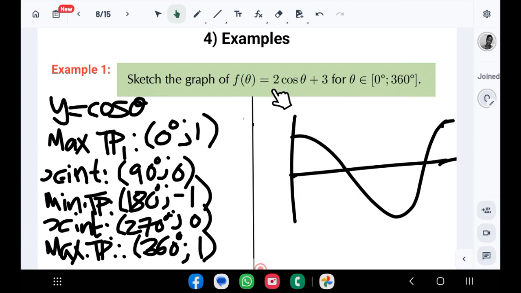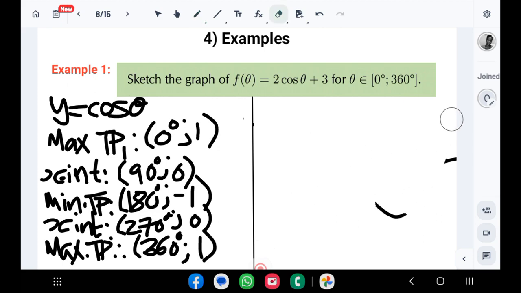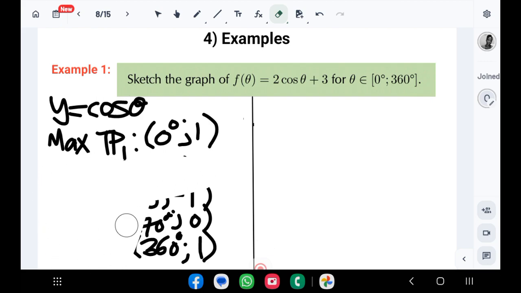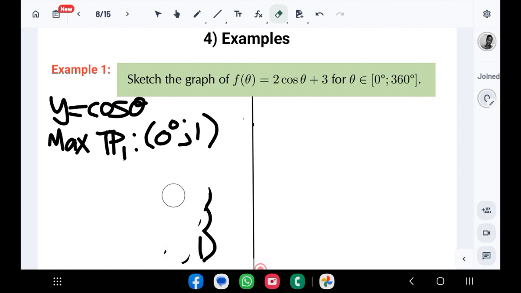Notice that your A is 2 and your Q is equal to 3. All right, now let's calculate. For the first one, the first maximum turning point, we substitute theta is 0.